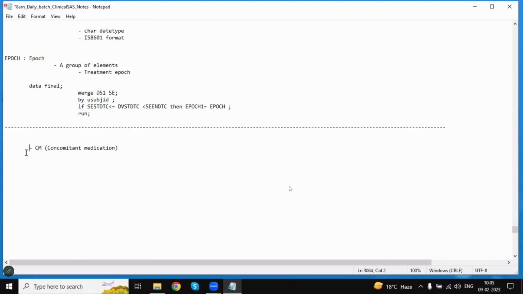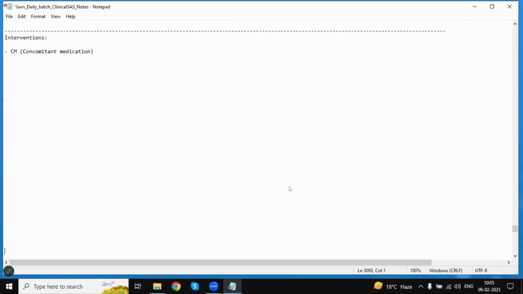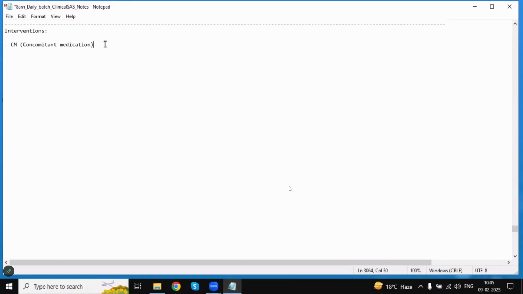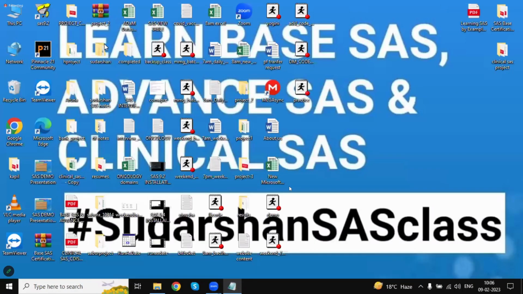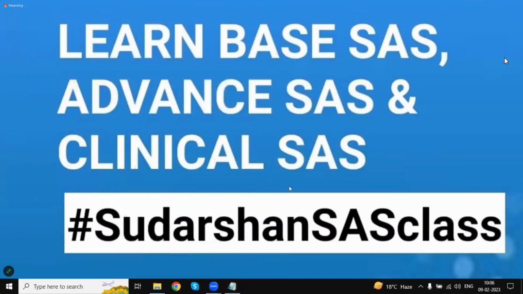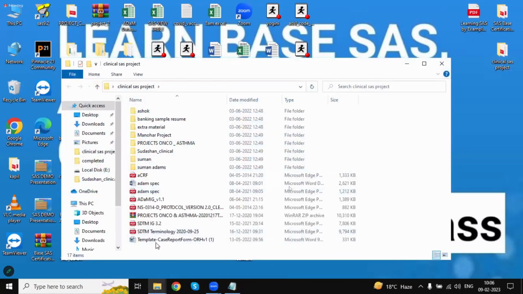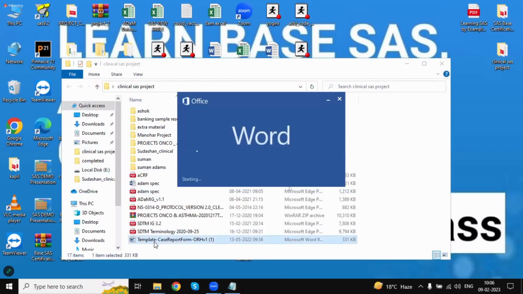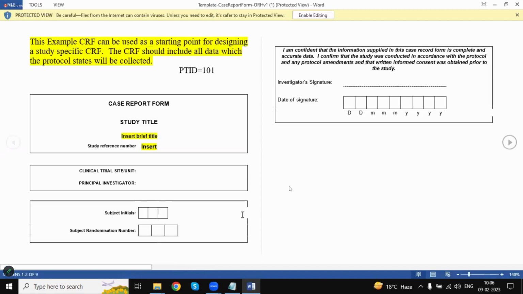Concomitant medication domain, in the interventions category. So what will this domain capture? This domain will capture if the subject is taking any extra medication other than our study drug.